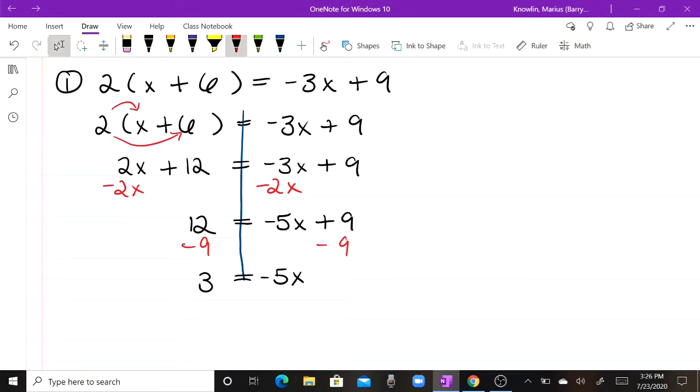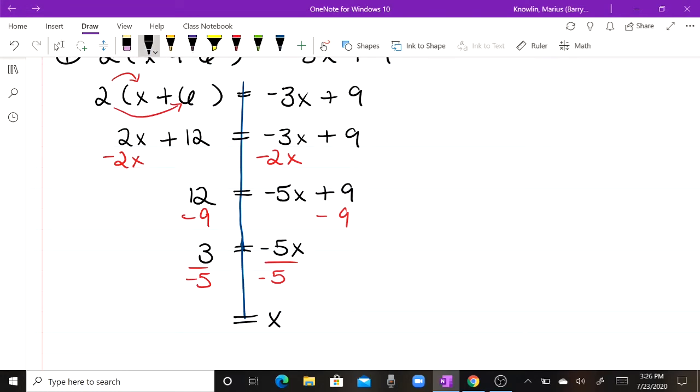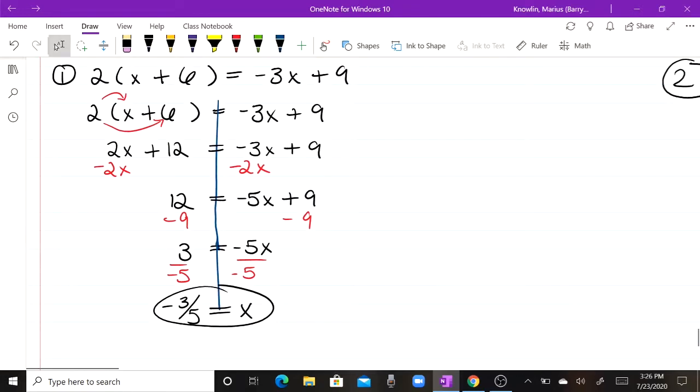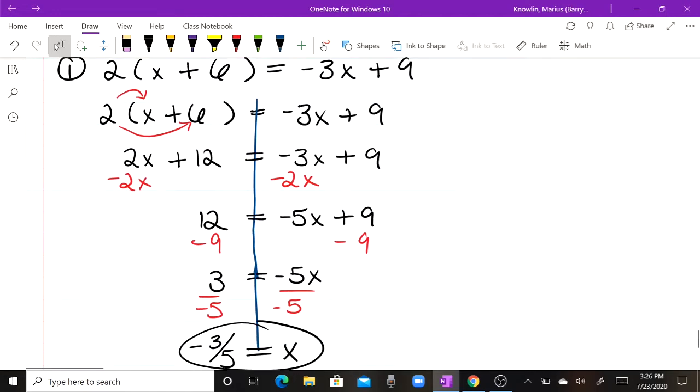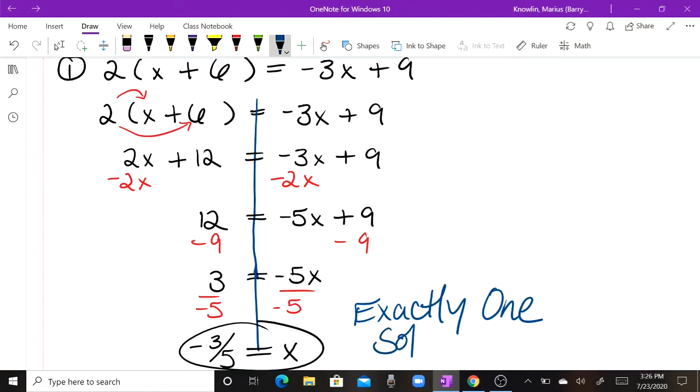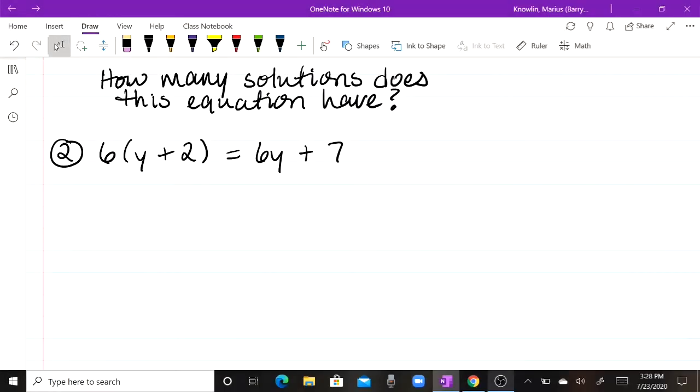And as our last step, we can divide both sides by -5. That will give us an answer of x is equal to -3/5. So if we recall correctly, whenever it has a variable equals some number, that means that we're going to have exactly one solution. So the answer to this is exactly one solution.